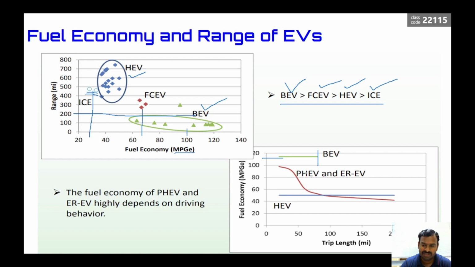For PHEV and extended range electrical vehicles, the fuel economy slowly decreases as you increase the trip length, and it comes to a certain value here. And HEVs, hybrid electrical vehicles, have a constant fuel economy, and the trip length is up to 200 miles. So this is the comparison for fuel economy and trip length.